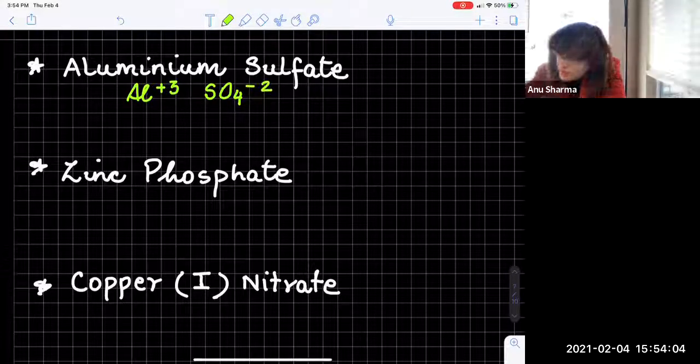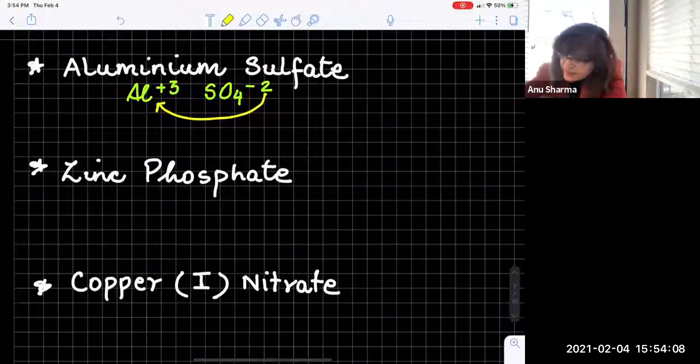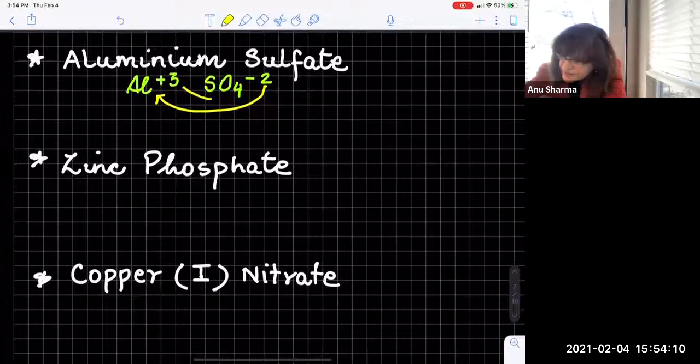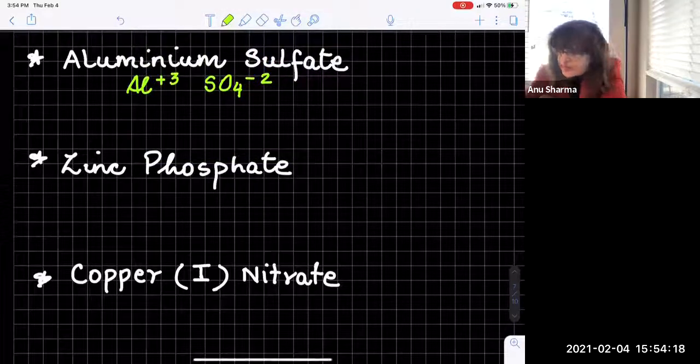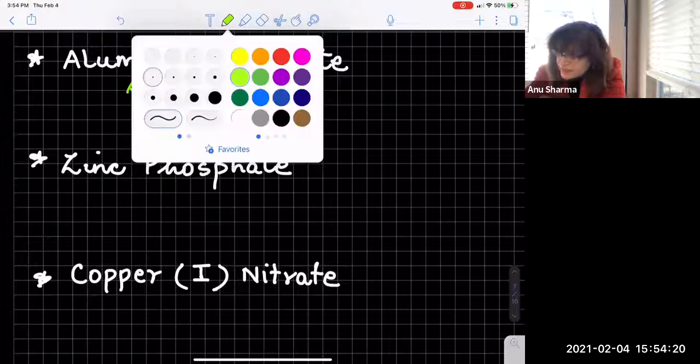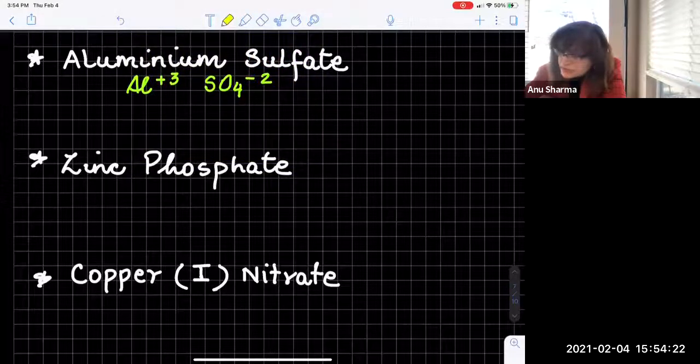Sulfate, a polyatomic ion, has a standard charge. Those things don't change. So this 2 comes here to the subscript of aluminum, and this 3 comes here, the subscript of sulfate.